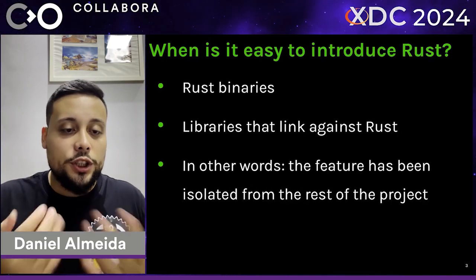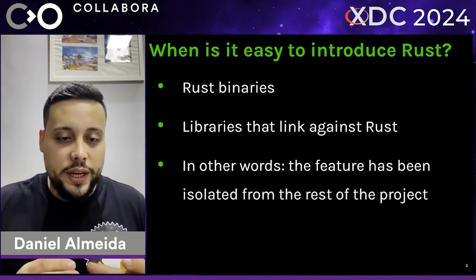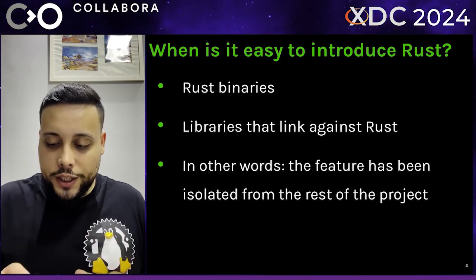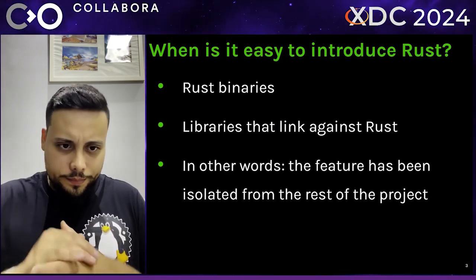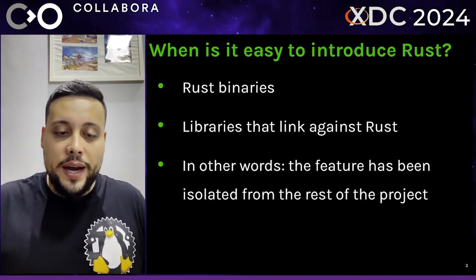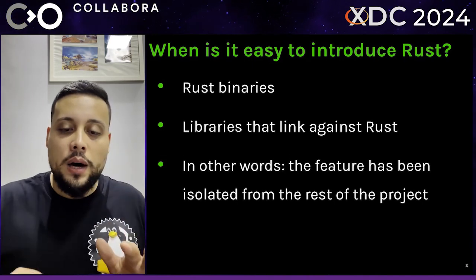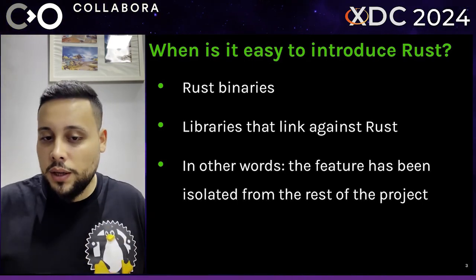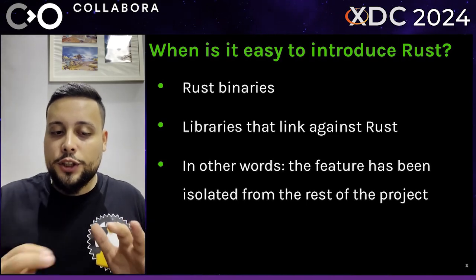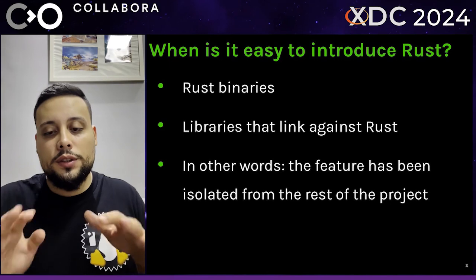So to start with, when is it easy to introduce Rust in your project, right? Assuming that you're starting off from some pre-existing project that has a whole lot of C code already. So basically, if you want to just add a Rust binary, that will be relatively easy. If you somehow already have support to compile Rust files, and you already have Rust files in there, and now you just want to write a library that will link against your pre-existing Rust files, that's also somewhat easy.